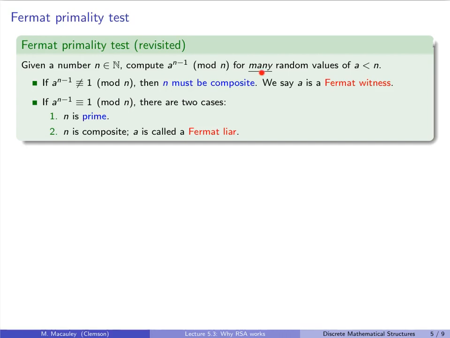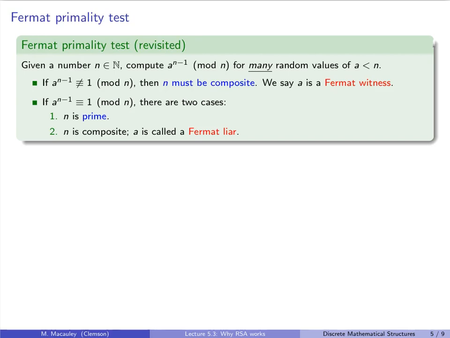So we do this many, many times. But how does that help? Well, it only helps if we know how common Fermat liars are. Are they a dime a dozen, or are they extremely rare? And fortunately, we know a lot about this.